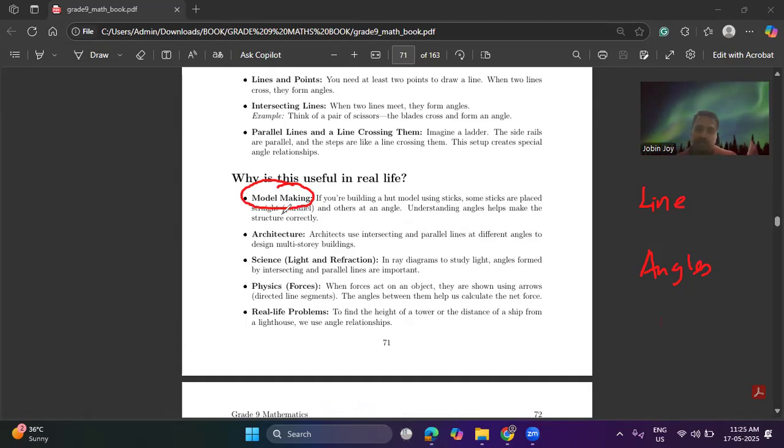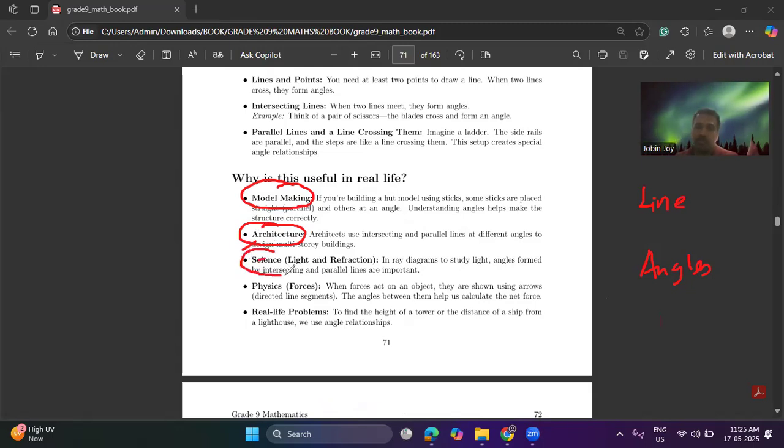So you need the idea of lines and angles. Then another thing is in the field of architecture. Architects use intersecting as well as parallel lines at different angles to design multi-story buildings.